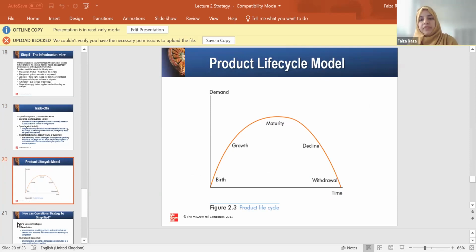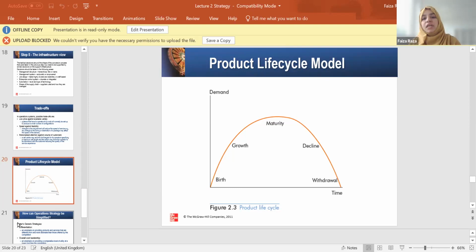This is the product life cycle we have discussed many times. First is the birth stage, where the product is made. Then the growth stage, where you are keeping your product in the market.